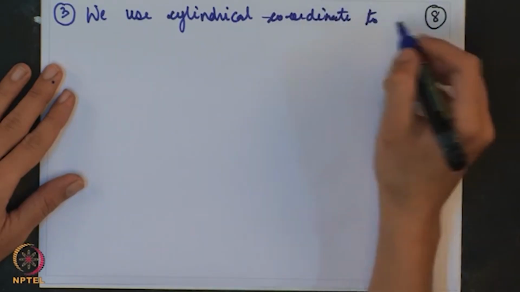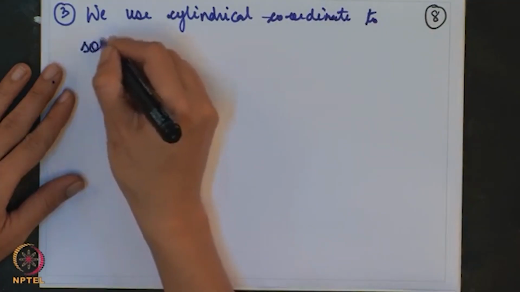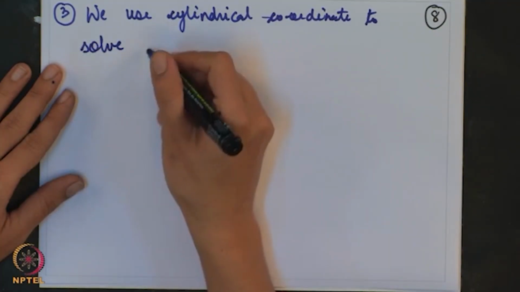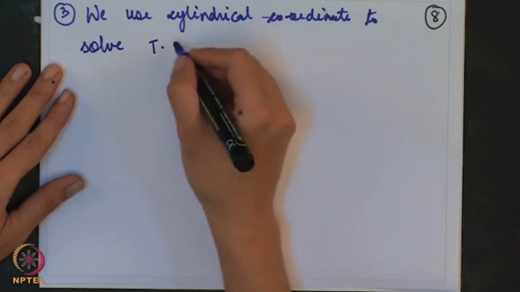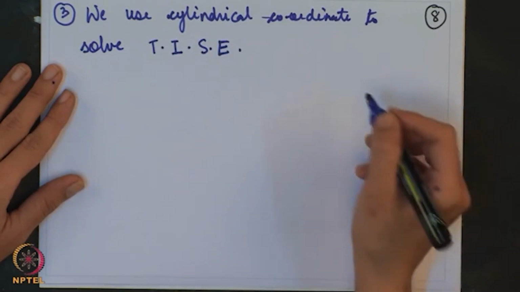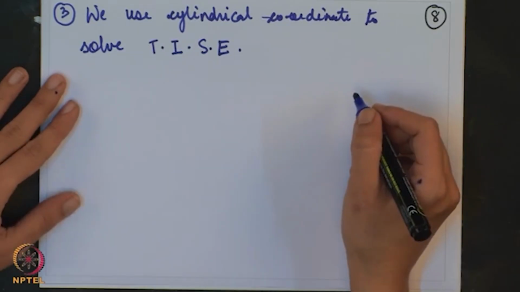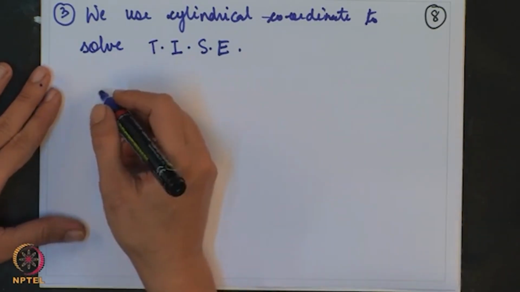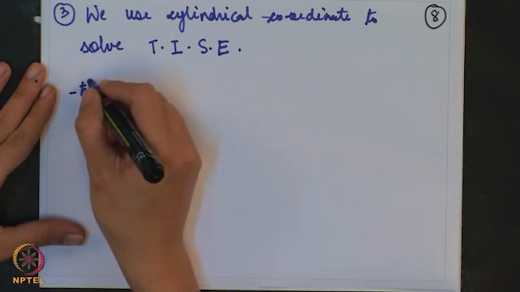to solve the time independent Schrodinger equation. In polar coordinates you have to write the time independent Schrodinger equation.